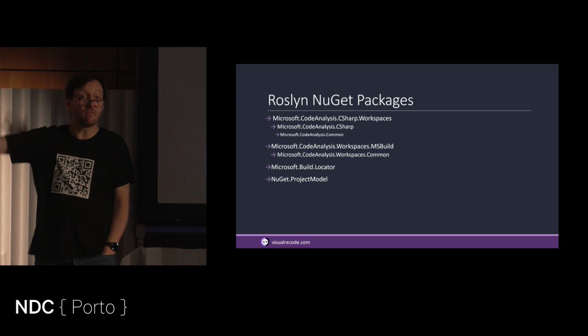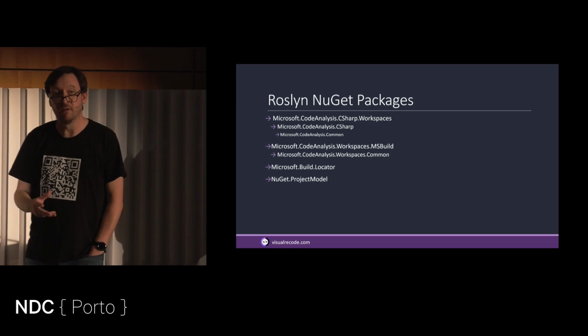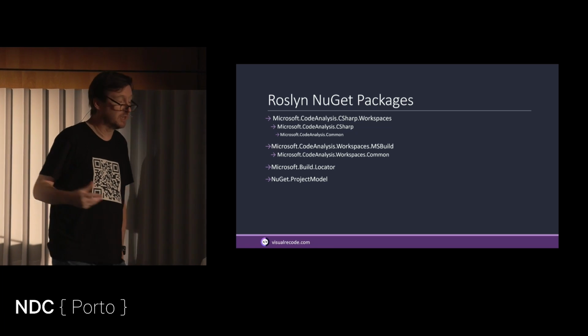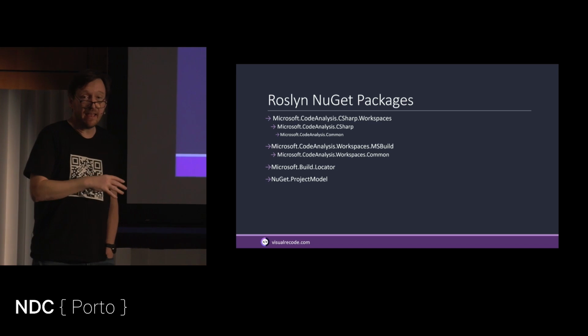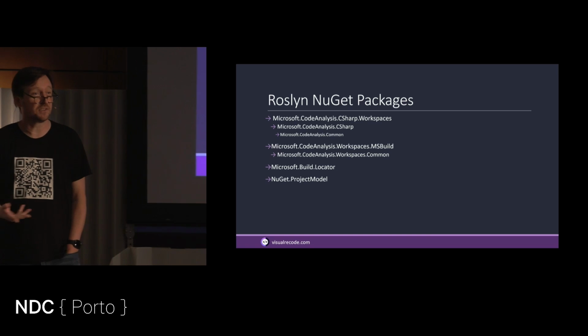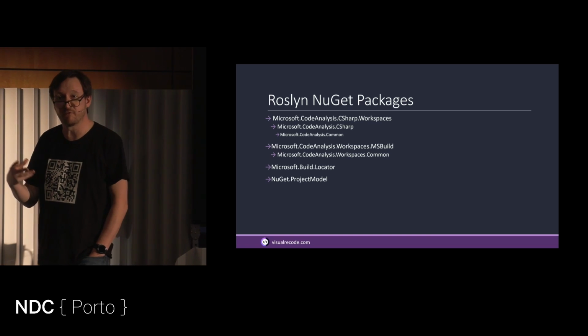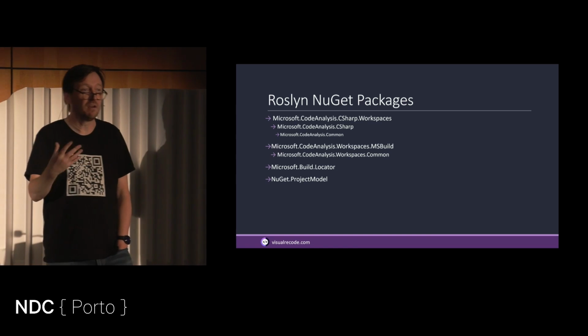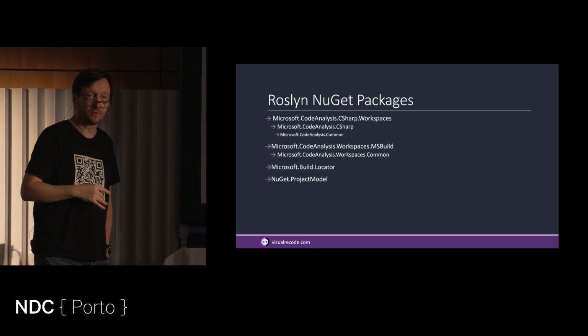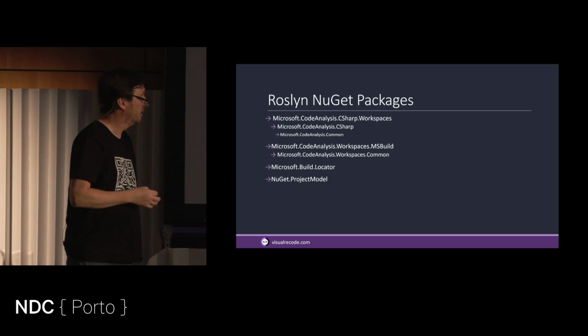And so they went, we're going to rewrite it in C#, and that will make it work better in Visual Studio, which by then was a WPF application. And we can do it so it'll be a compiler as a service. So we can package up all the different bits of the compiler, the parser and the syntax trees and all that sort of thing, and we can distribute them on NuGet.